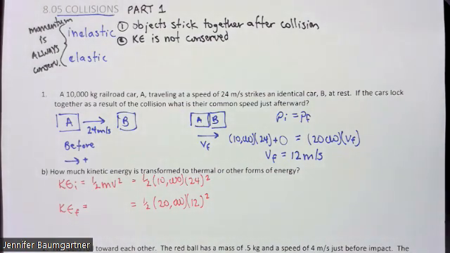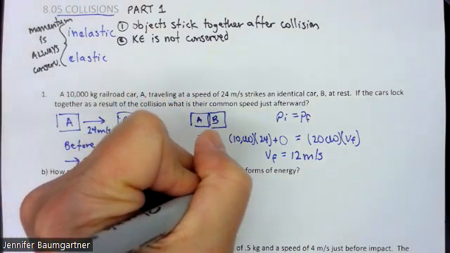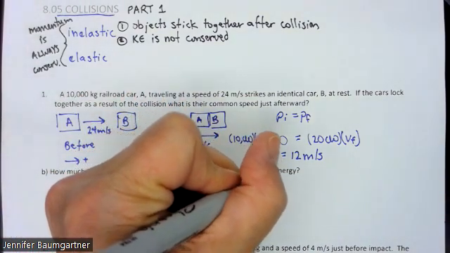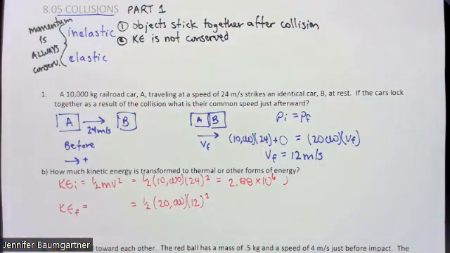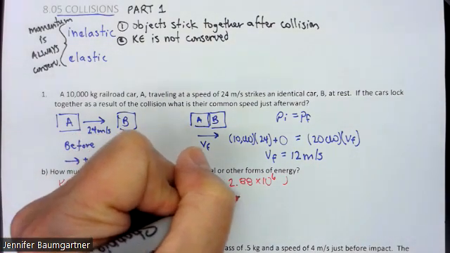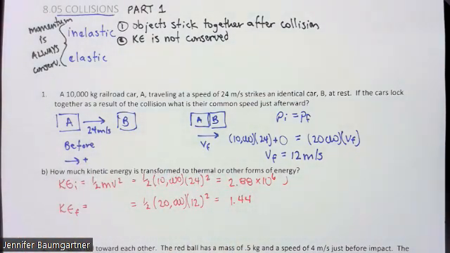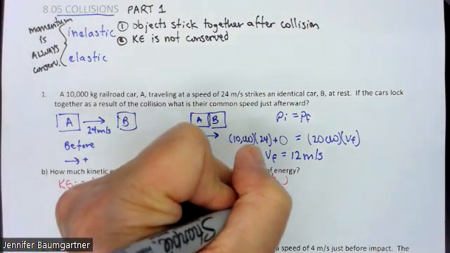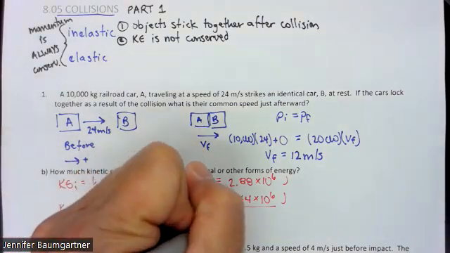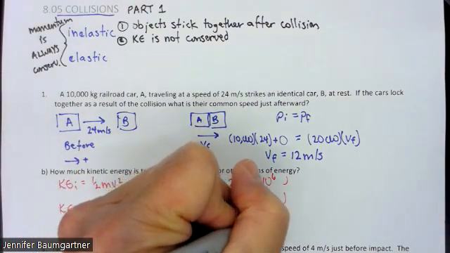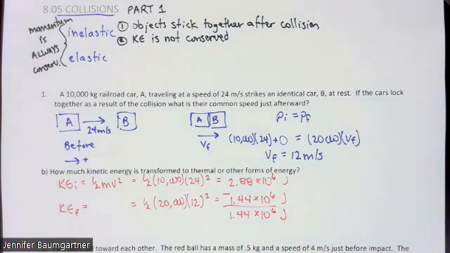When I solve for the initial kinetic energy, I get 2.88 times 10 to the 6th joules. And for my final, I get 1.44 times 10 to the 6th joules. So if I take the difference between those, I get 1.44 times 10 to the 6th joules.